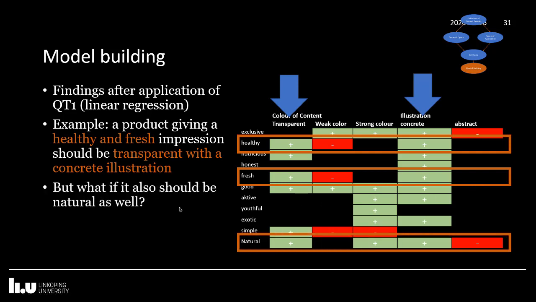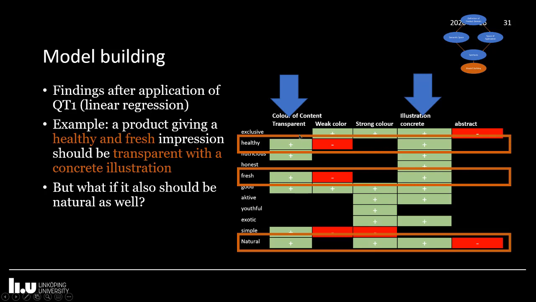But what happens if we want to have natural as well? Then we can see, okay, transparent and the concrete illustration is working as well. Absolutely no abstract illustration. So the illustration is very important here. We can also see that strong color could attribute to natural, but not necessarily for fresh and healthy.